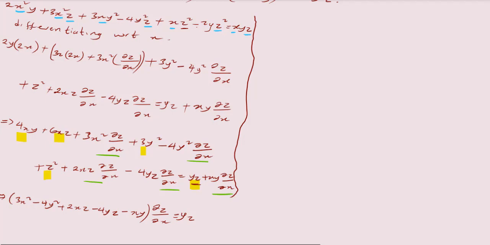So I have yz, so that's the first thing here, minus, since it's coming to the other side, minus 4xy minus 6xz minus 3y square minus z square, and that's all.